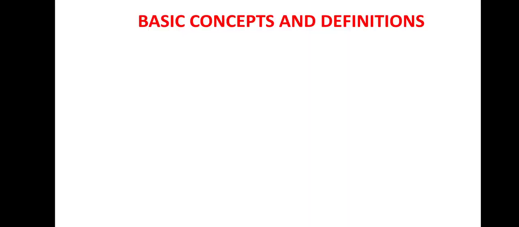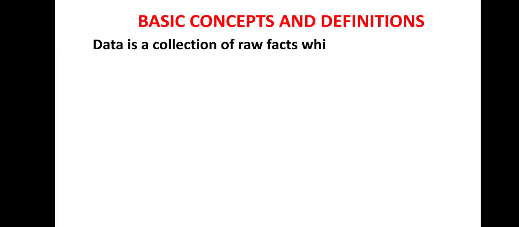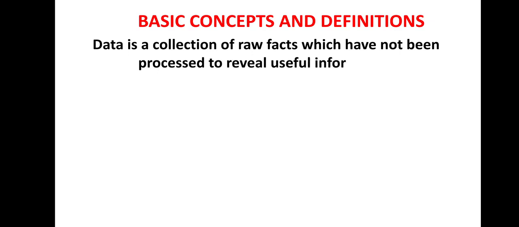Now let us see the basic concepts and definition of data. Data is a collection of raw facts which have not been processed to reveal useful information. I'll give you an example. You have your textbook, you cover it with a brown cover and you fix a label on the textbook.